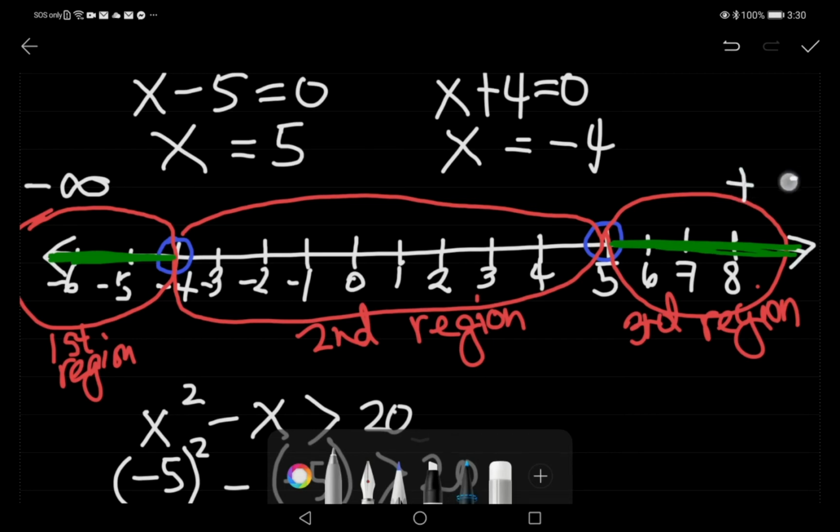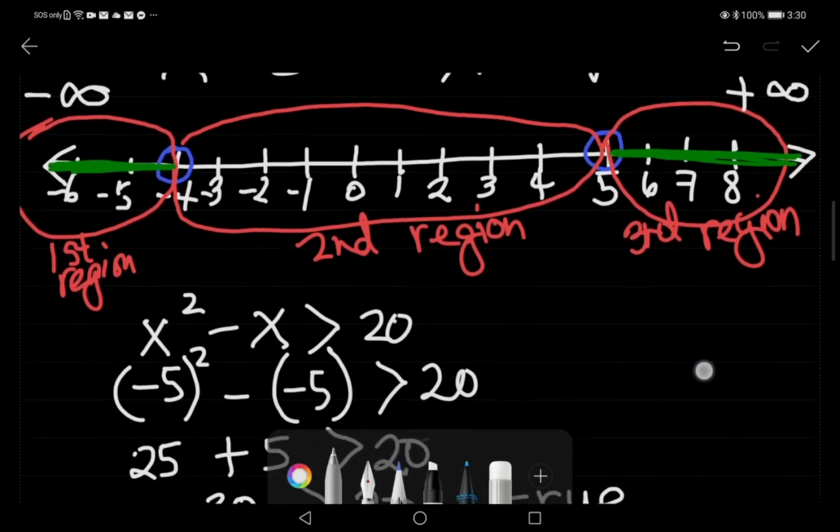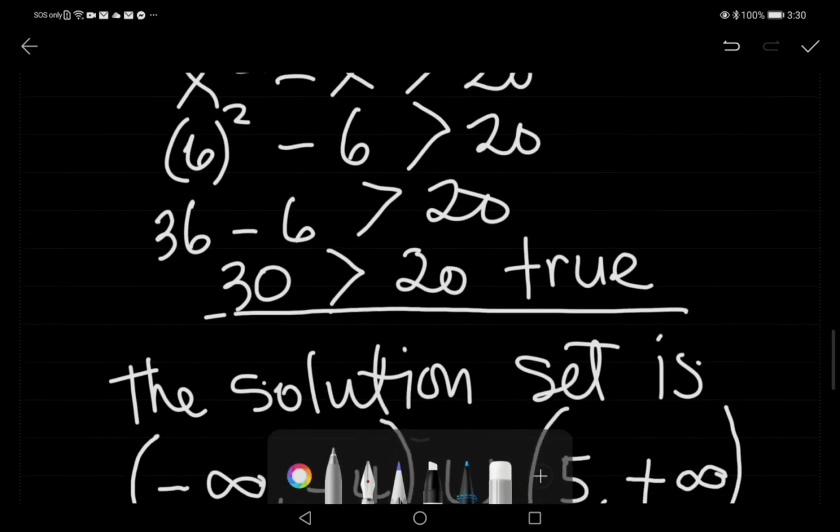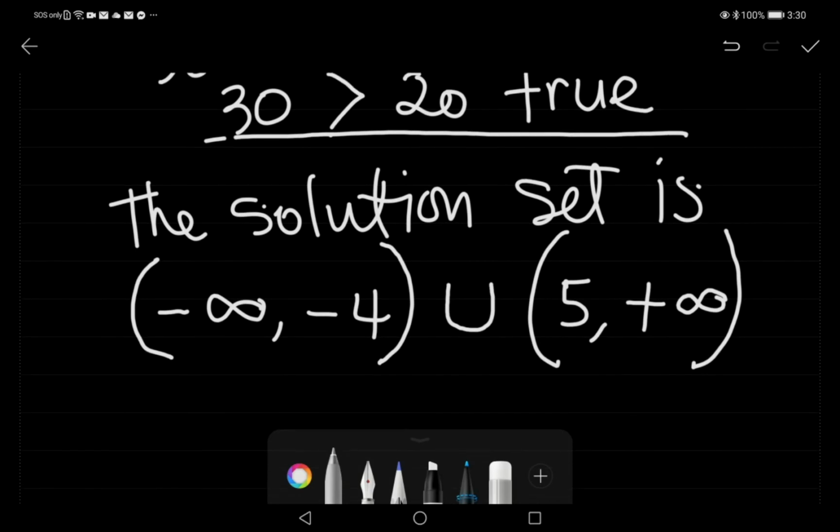Positive infinity. So mao na siya ang solution set nato is negative infinity and negative 4, union, then 5 and positive infinity.